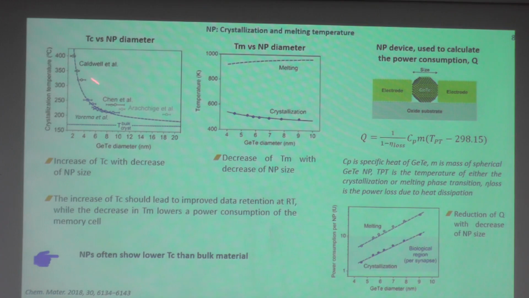So here we have an increase of crystallization temperature, but normal nanoparticles of other substances, solids, show it in the other direction, that the TC of nanoparticles is lower than that of bulk material. Here we have a reverse effect, an increase of crystallization temperature compared to the bulk, opposite to other materials.